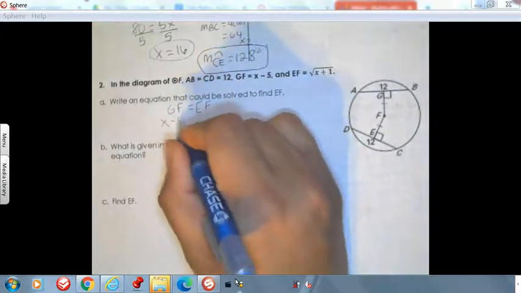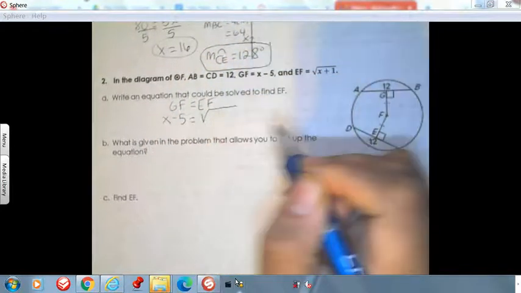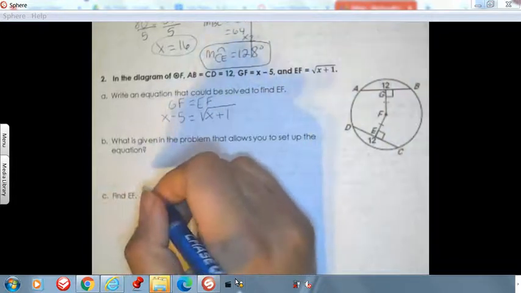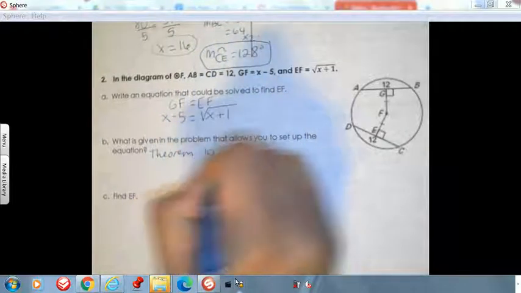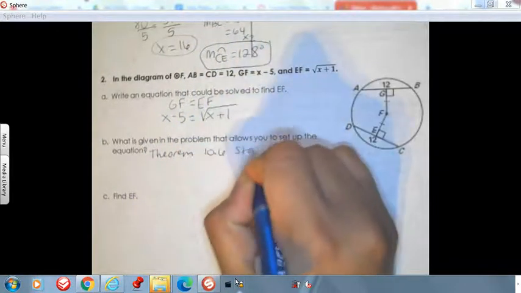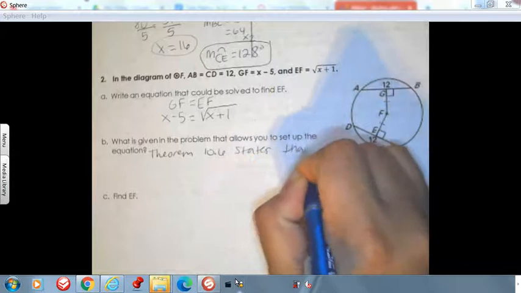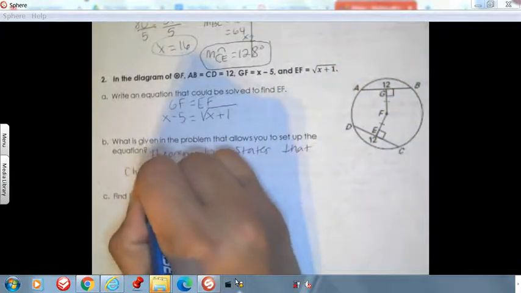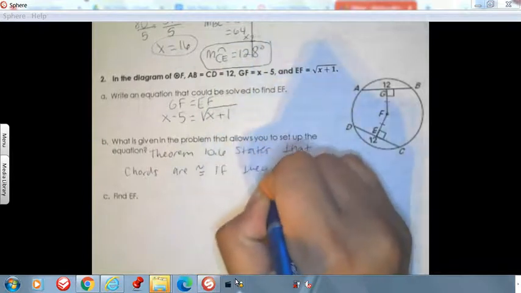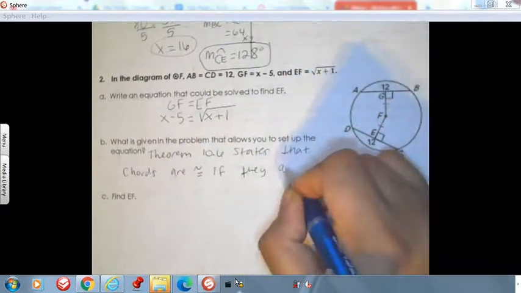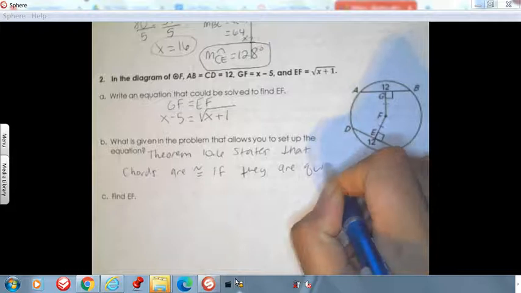X minus 5 is equal to the square root of x plus 1. And for part B, when it says, how did you know this? That would be theorem 10.6, which states that the chords are congruent if they are equidistant from the center, which is what we saw from the diagram.